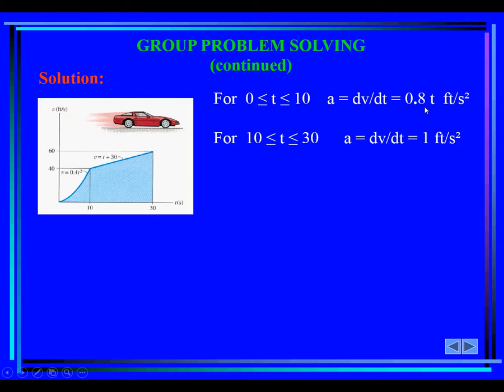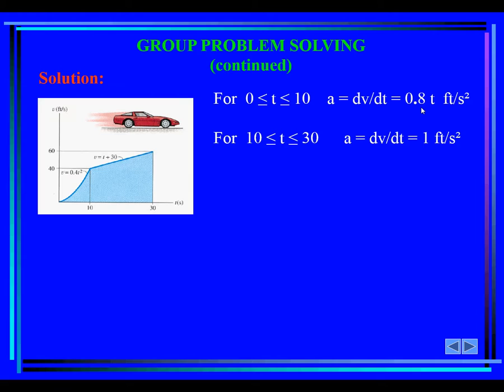So this is also a line. It is a function of time, 0.8t, a constant change. Between 10 seconds and 30 seconds, the acceleration is dv/dt, the derivative of this.